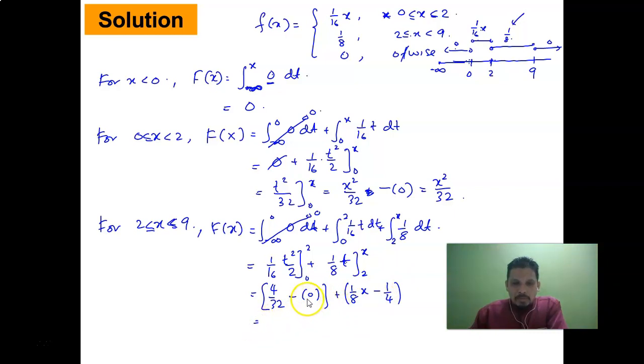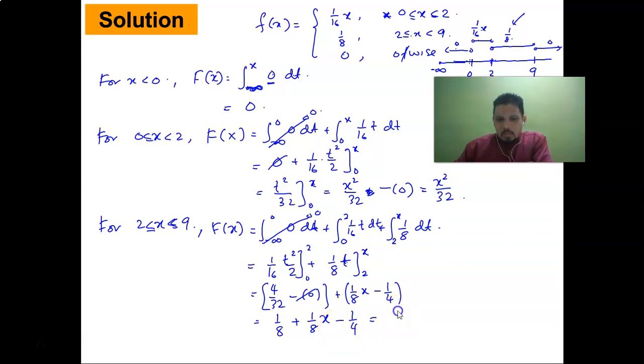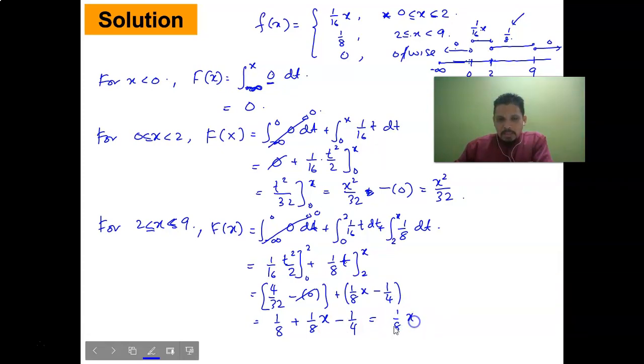Okay, so this is 0.4 over 32, equal to 1 over 8, plus 1 over 8x and minus 1 over 4. And this gives us 1 over 8x.